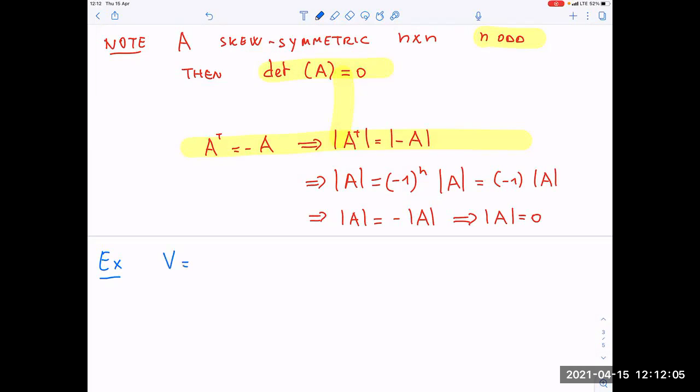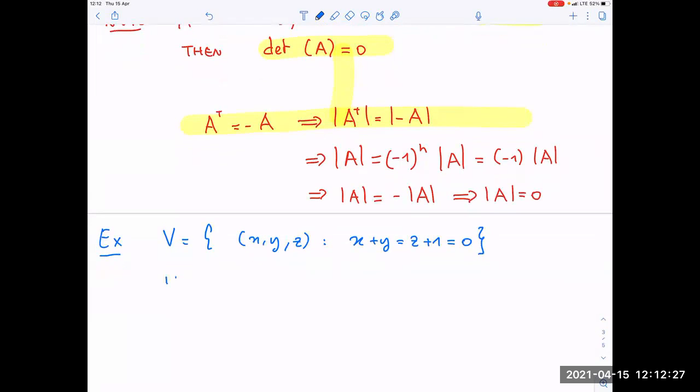We have this V, say (X, Y, Z), with X plus Y equal to Z plus 1 equal to 0. And let's say we want to know, is V a subspace of R2 or not? Let's see what we can say about this.